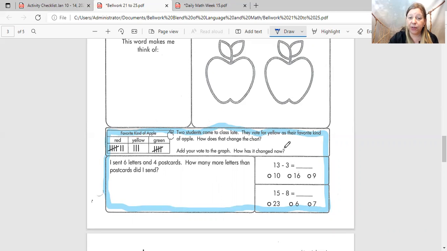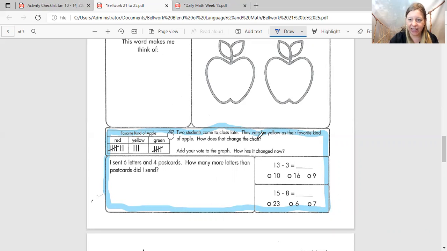You need to use words in your sentence to answer this question. So you're going to write a sentence with words to answer this. First step, you need to add the two tallies to the yellow section. How does that change the chart?